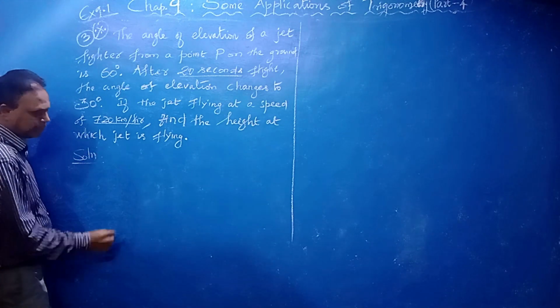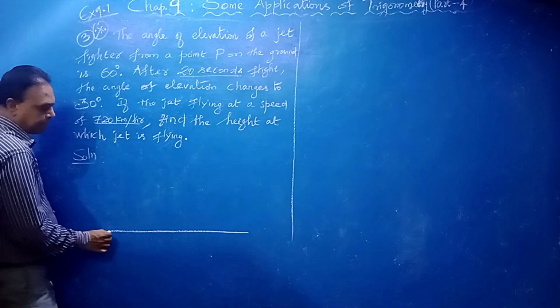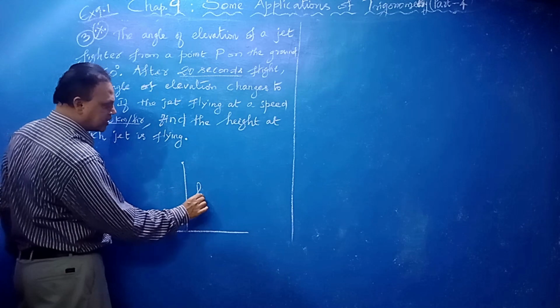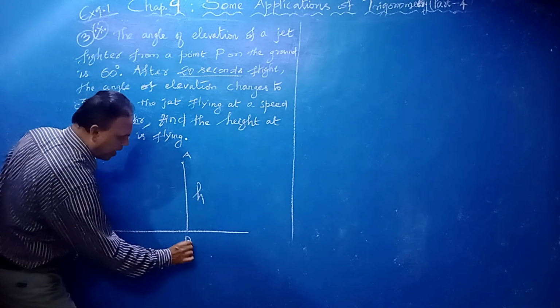First draw the diagram, that is very important. The height is what you have to find out. Take it as h. Let AB be the height of the jet.